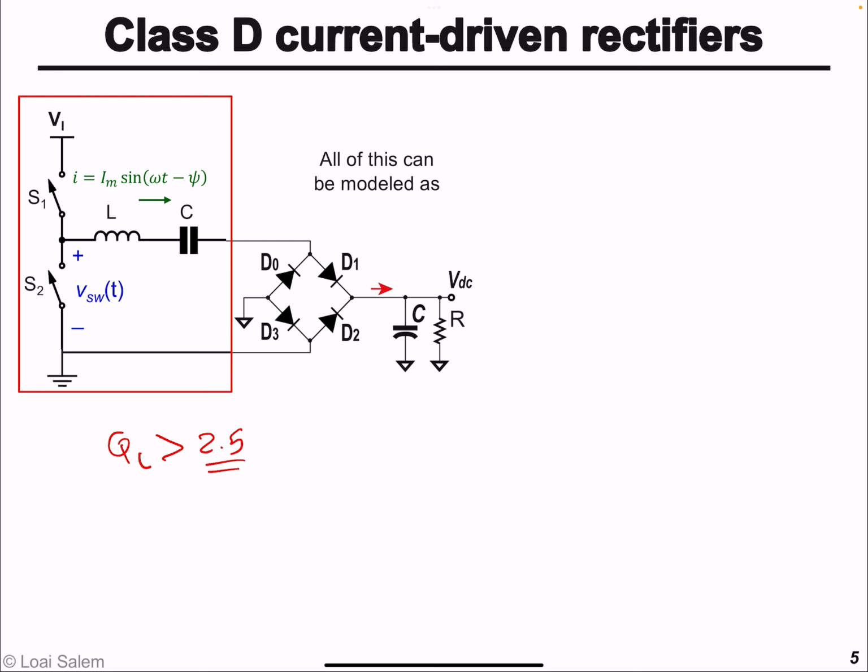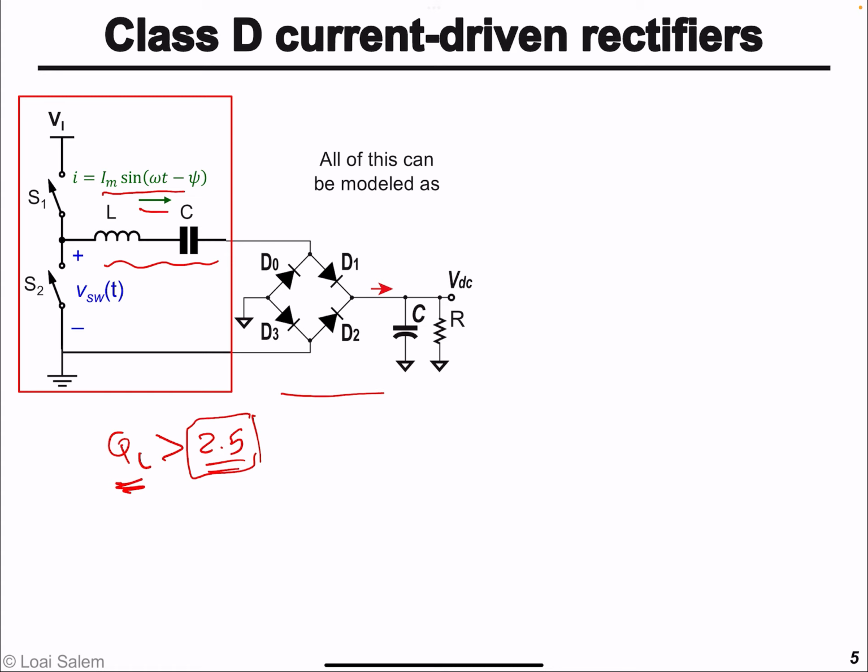The reason is so that this series resonant circuit acts as a bandpass filter with small bandwidth, so that it extracts the fundamental and rejects, with enough rejection, the third order harmonic and the higher order harmonics, enabling a pure or almost pure sine in the series resonant inverter. So by design, the loaded quality factor of a series resonant inverter should be larger than 2.5. Under this condition, we'll find that the series resonance circuit essentially behaves as a current source.